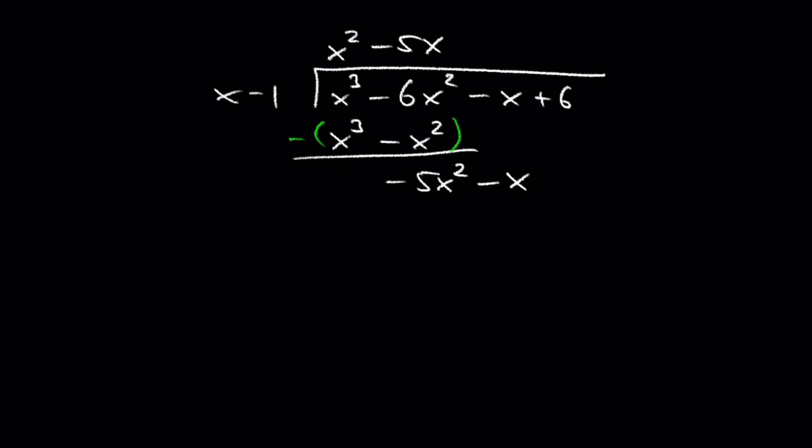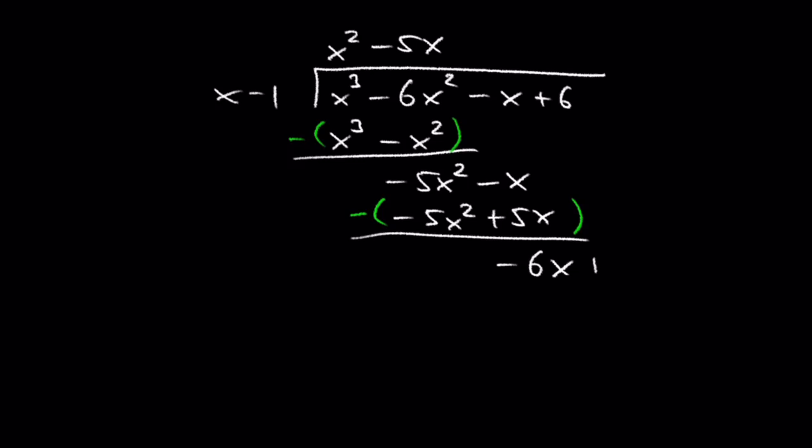Negative 5x times x is negative 5x squared, and negative 5x times negative 1 is 5x. Negative 5x squared plus 5x squared is 0, and negative x minus 5x is negative 6x.